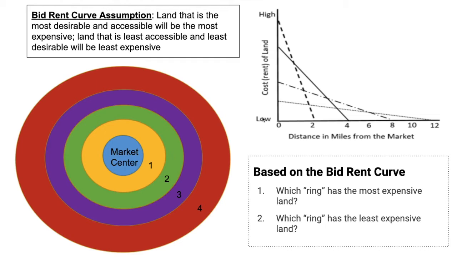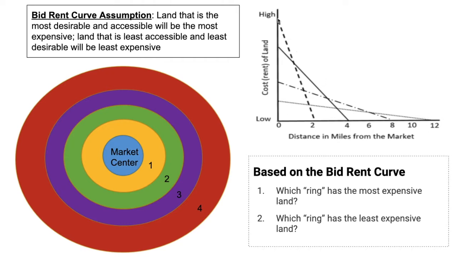Now we have to consider the cost of land. This is where we use bid-rent theory. And the bid-rent curve assumption says that the land that is the most desirable and accessible will be the most expensive. Land that is the least accessible and least desirable will be least expensive. That makes sense, right? And we can see that on these curves over here.